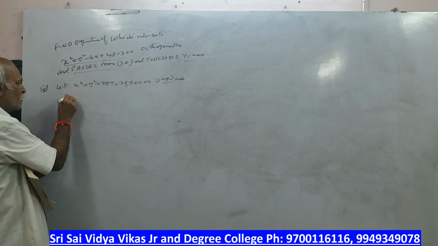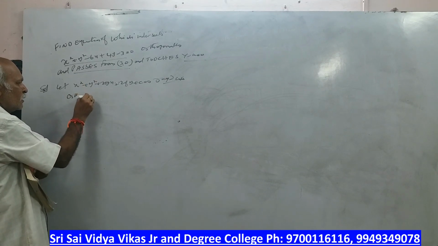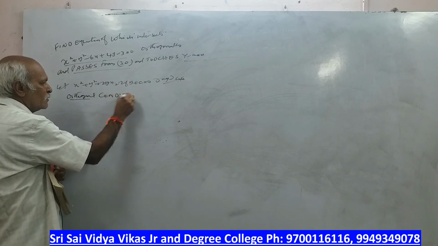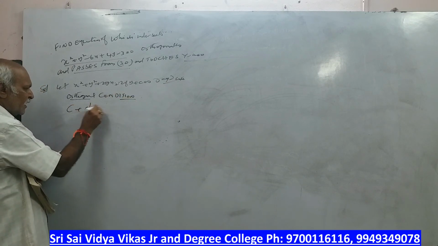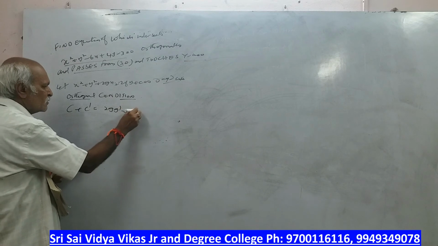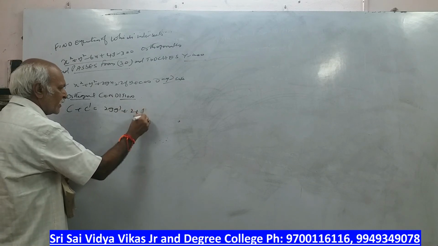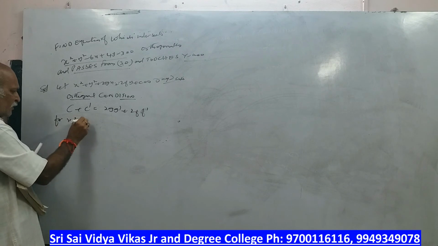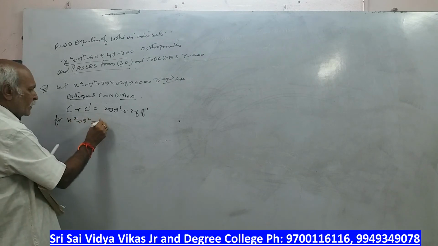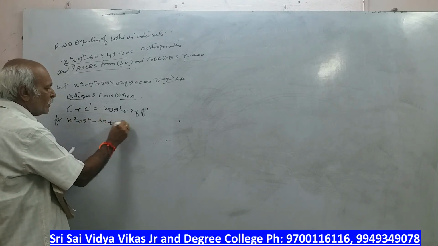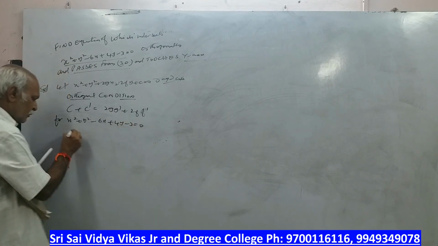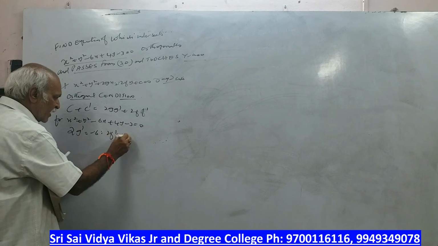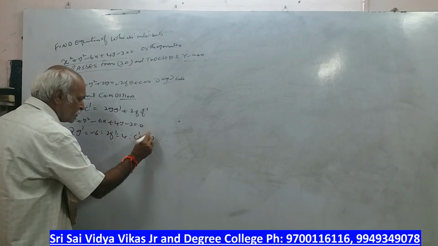First, the orthogonal condition is c plus c dash is equal to 2gg dash plus 2ff dash. For x square plus y square minus 6x plus 4y minus 3 is equal to 0, 2g dash is equal to minus 6, 2f dash is equal to 4, c dash is equal to minus 3.